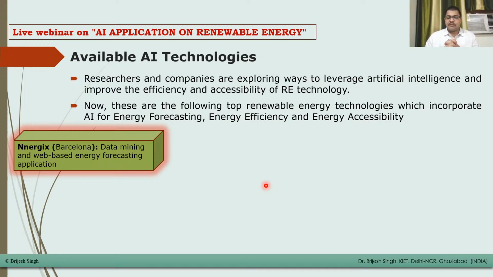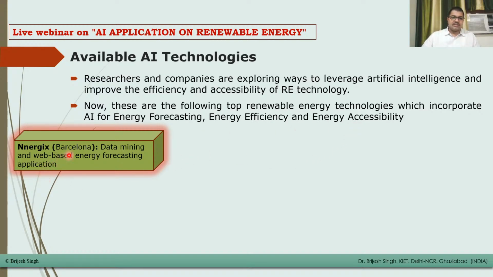The following top renewable energy technologies incorporate AI for energy forecasting, energy efficiency, and energy accessibility. Nowadays people are working on all these three areas. I have listed some of the technologies available worldwide, which support utilities in energy forecasting, efficiency, and accessibility.